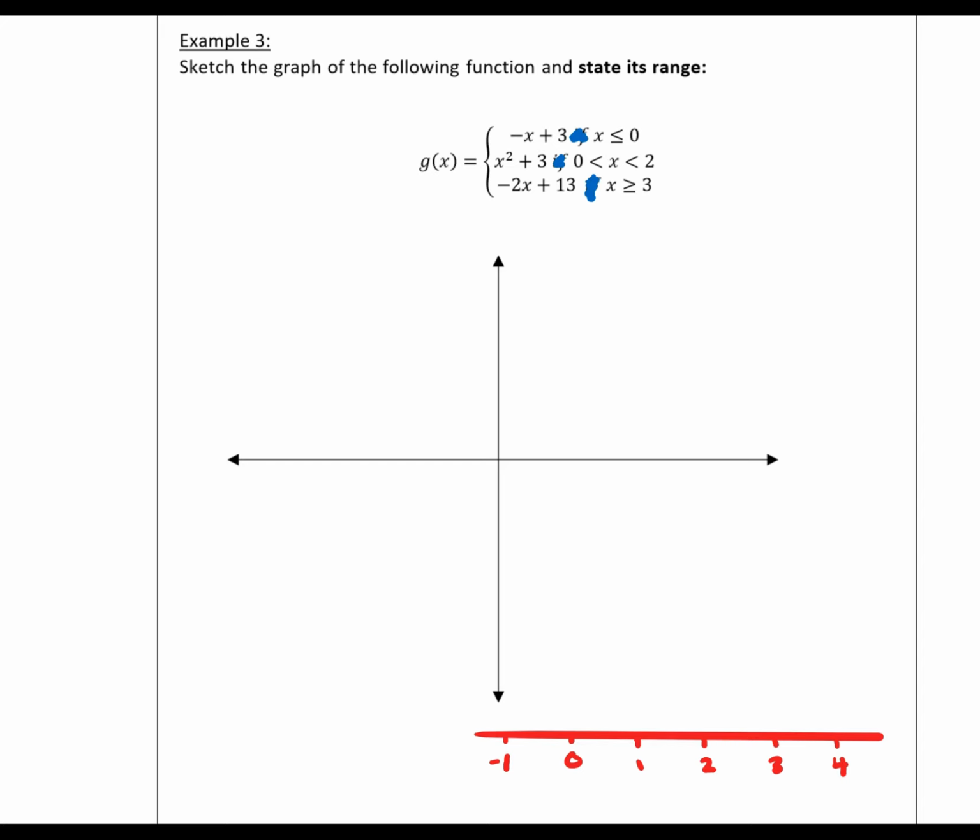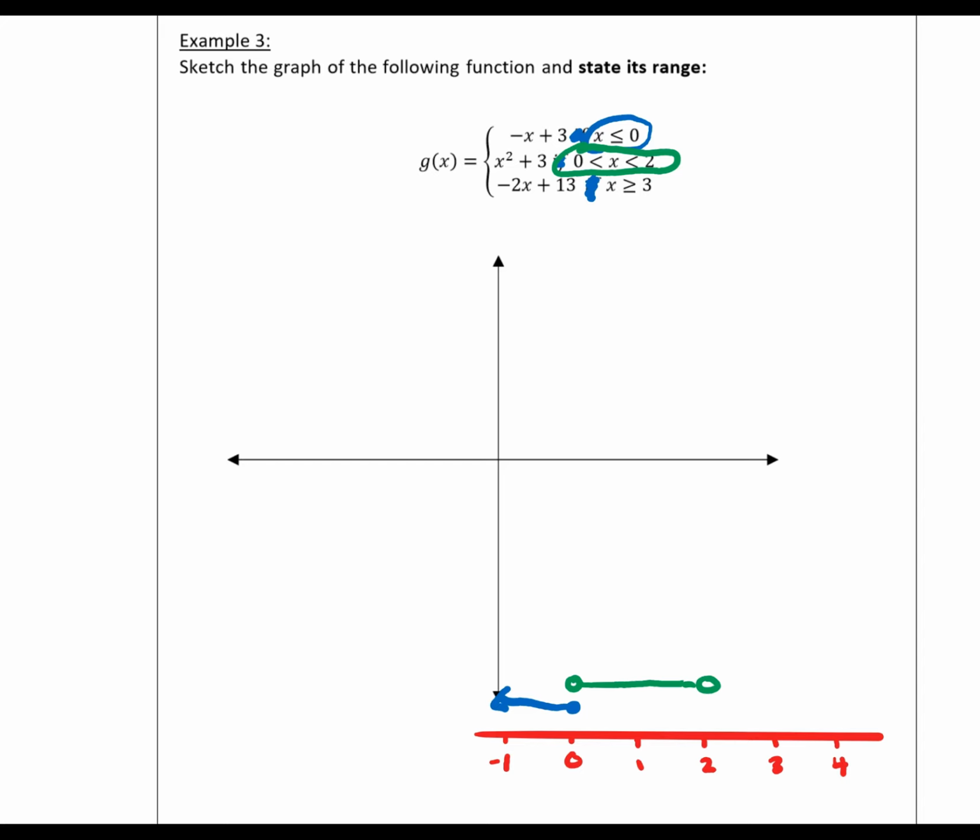Our first graph works for where x is less than or equal to 0. Now that's equal to 0, so I think this curve here is everything to the left of 0 and it's inclusive. My next graph is between 0 and 2, and this doesn't include any of those values. So I might think that the next one is between 0 and 2, and it doesn't include those values. Let's tidy that up. There we go.